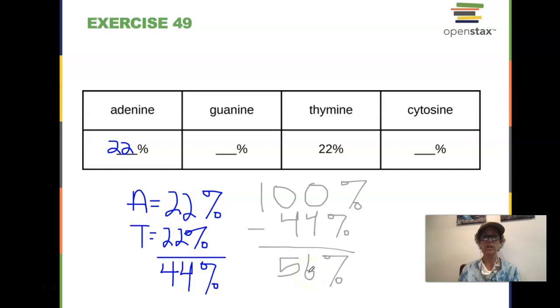Well, that's all well and good. 56% has to be the G plus C. So if we divide 56 by 2, we find out how much goes to guanine and how much goes to cytosine.